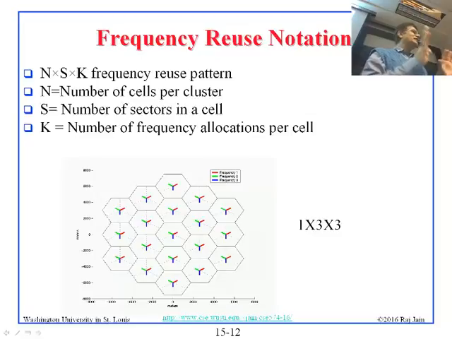Things are much more complicated in the real world. Basically, if you are facing Washu, most of the people are in the Washu side, and on the other side there's nothing. You might have more frequencies on this side than the other side, right? So things are more complicated. But for the time being, for simplicity, we are showing you some things.